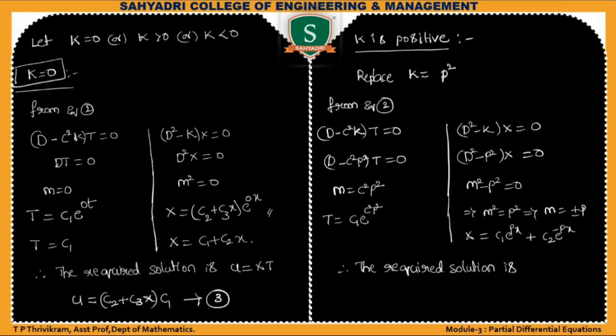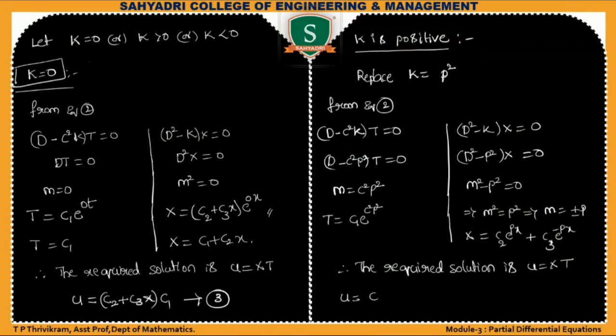Therefore, the required solution is u is equal to xt. So u is equal to x, where instead of c1, c2, we take c2, c3.